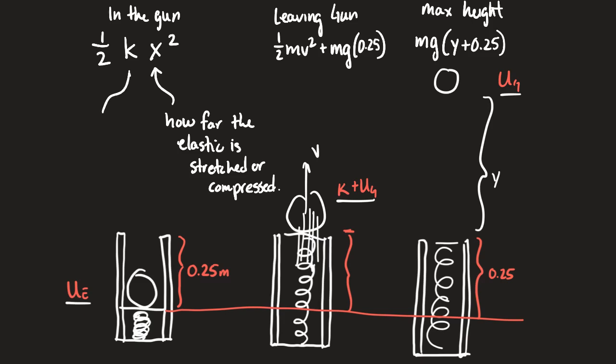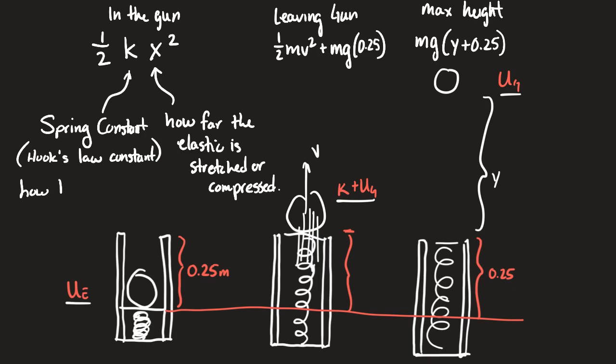K is what's known as the spring constant, sometimes called the Hooke's law constant. It's how strong the spring is.